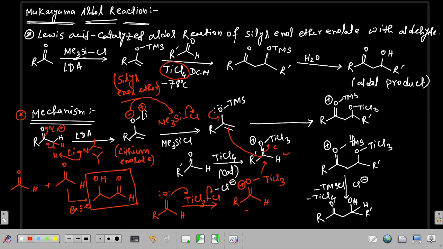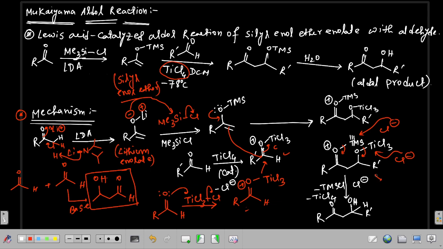Next step: we now have chloride in the system, so chloride will attack this and lead to the removal of this bond, and another chloride will also attack and lead to the breaking of this bond.